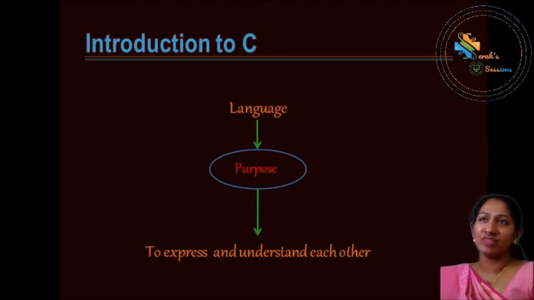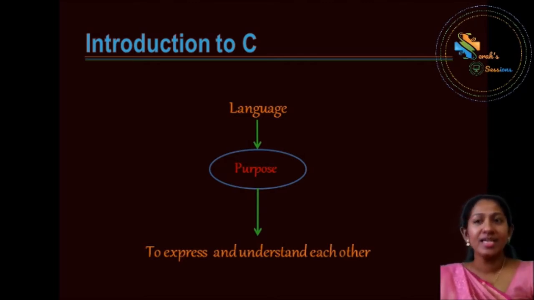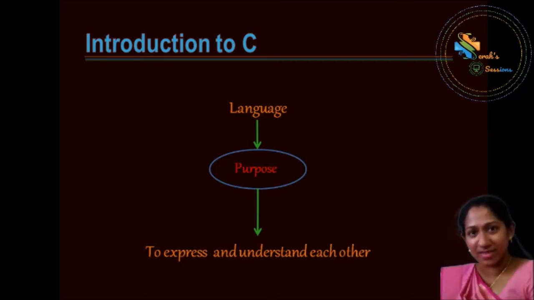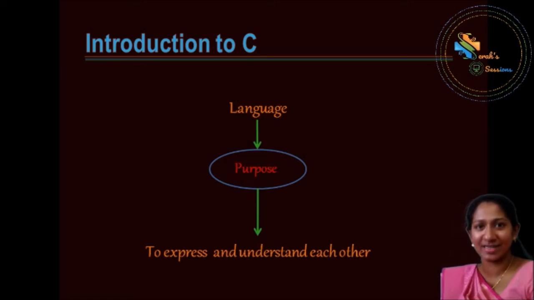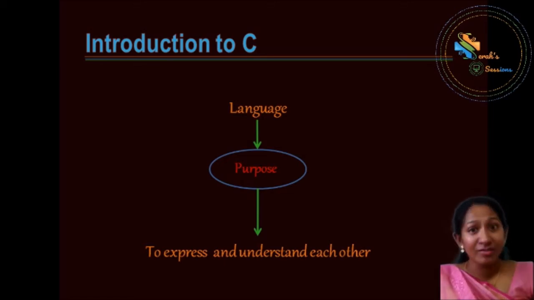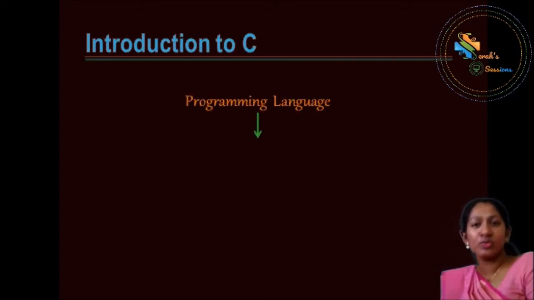So we know different languages exist in the world. We will be very fluent in our mother tongue, whereas we have accepted English as our international language. We have national regional languages. The purpose of all languages is to express and understand each other. Okay, so let's move on to programming language.